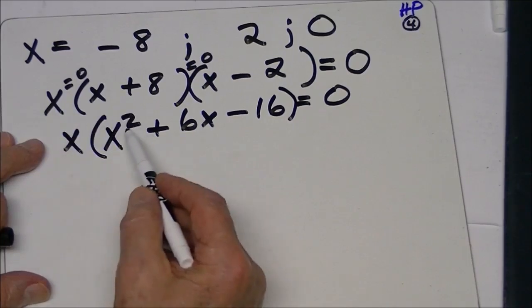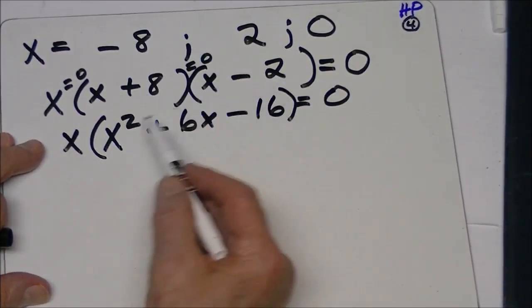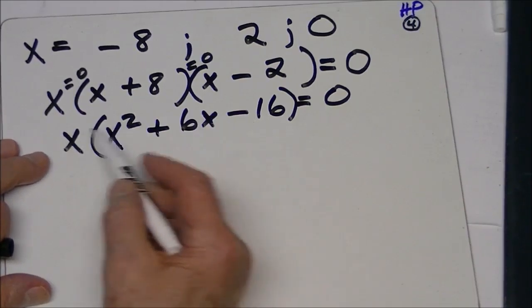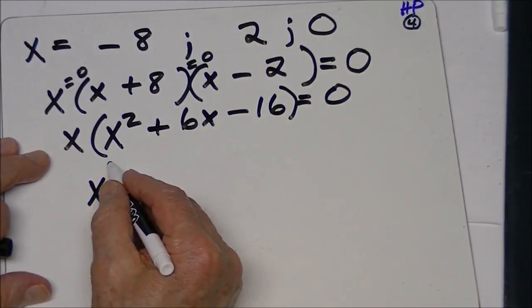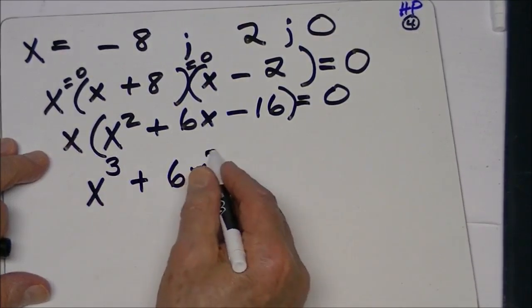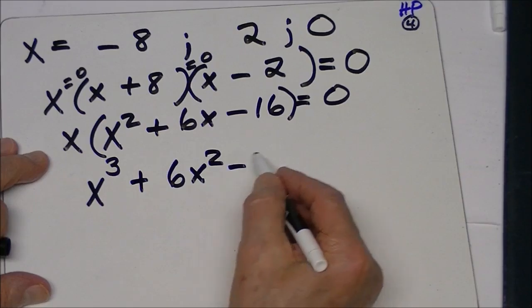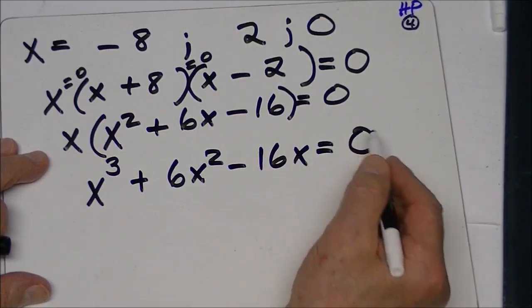Well, you'd have to multiply these two together by FOIL to get this, and now distribute the x. So your final answer would be x to the third plus 6x squared minus 16x equals 0.